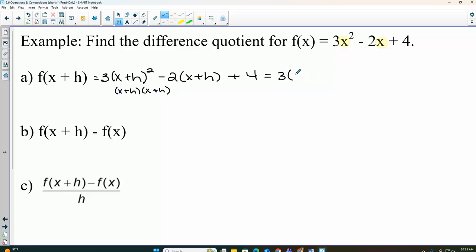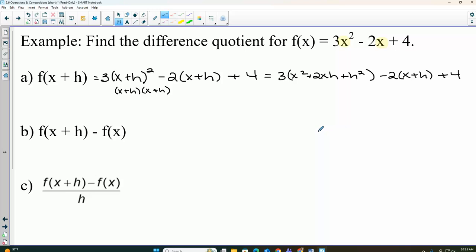So that gives me x squared plus xh and plus xh would be 2xh plus h squared. So all I did was the square portion. Order of operations tells me I have to do the exponents first.